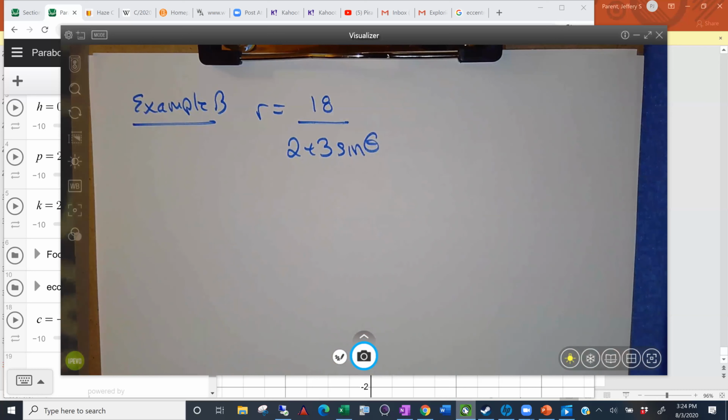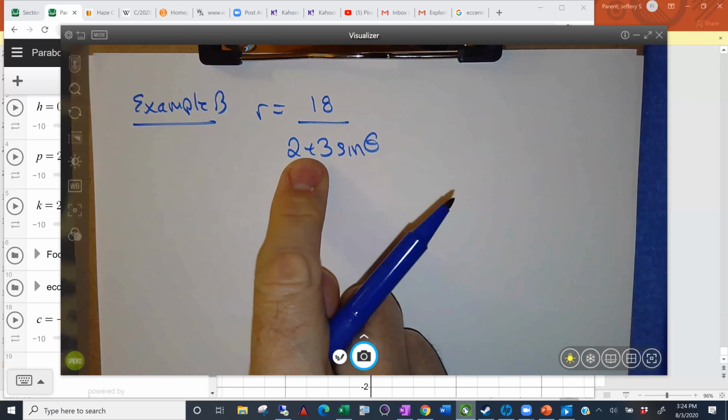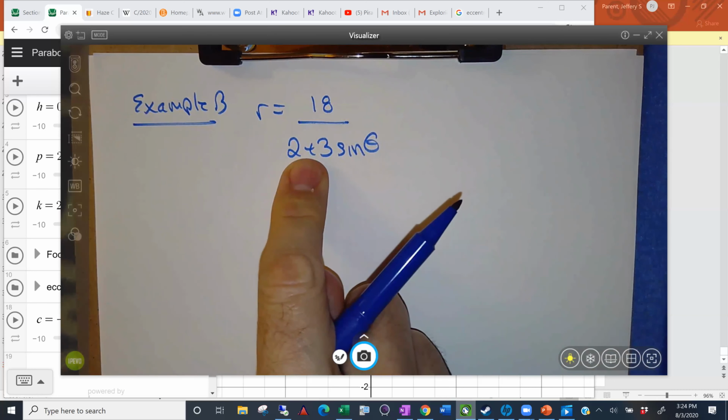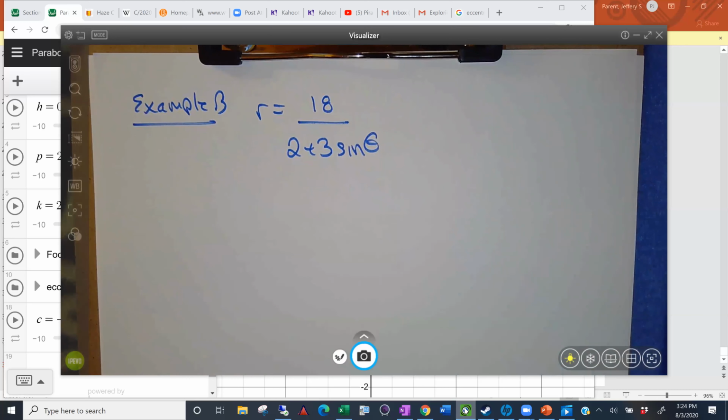And kind of like the last one, we're going to start out by figuring out what the general form of the equation looks like, or the standard form of the equation, I probably should say.